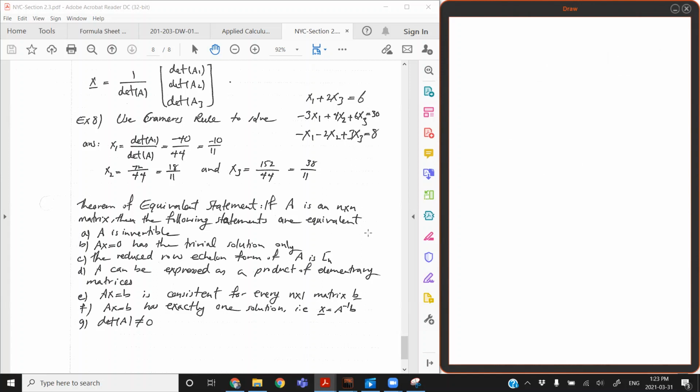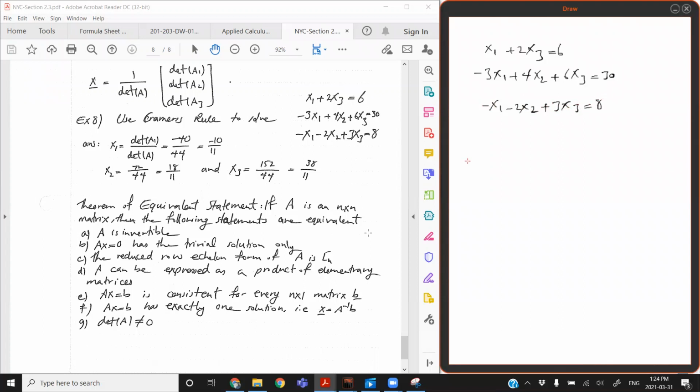So here we have a system: x1 plus 2x3 is 6, negative 3x1 plus 4x2 plus 6x3 is 30, and negative x1 minus 2x2 plus 3x3 is equal to 8.